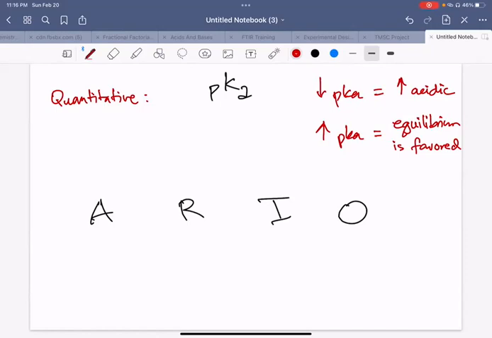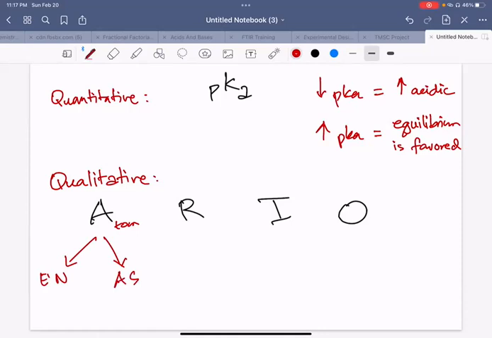But when you don't know the pKa, you just use the molecular structure, and that is the qualitative way. You can use ARIO, starting with the atom, and you can consider two factors: electronegativity and atomic size.